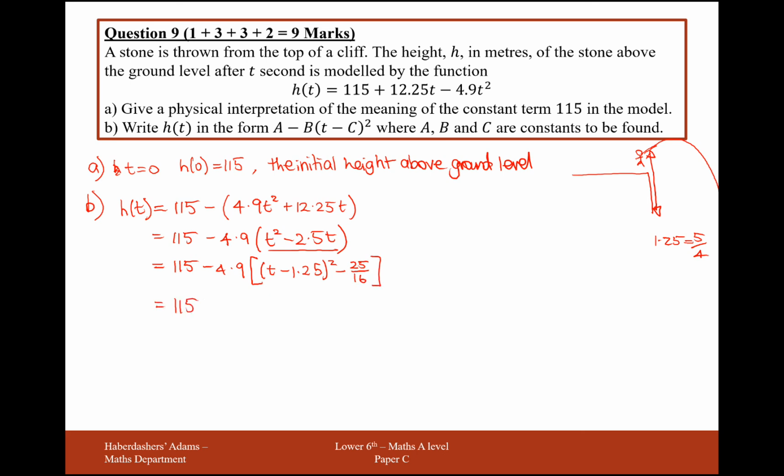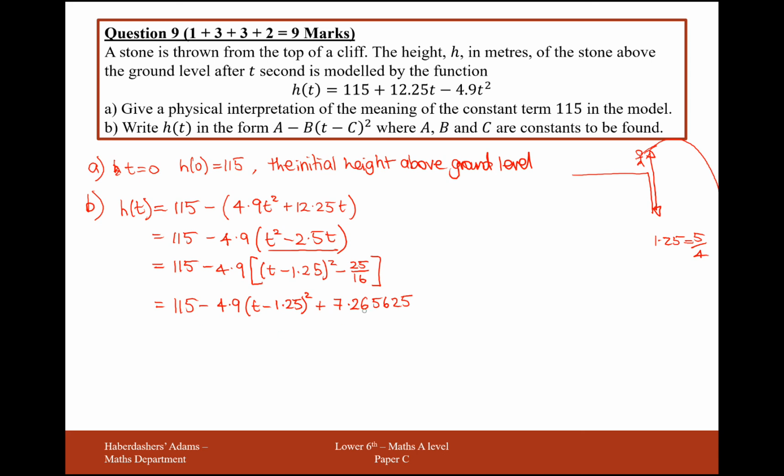Okay, so what we need to do now is we're going to need to expand the bracket slightly, so it's going to be minus 4.9 times the bracket of t minus 1.25 squared, and then expand the bracket with the 4.9, and what you're going to get there is 4.9 times 25 over 16 is going to be 7.265625.